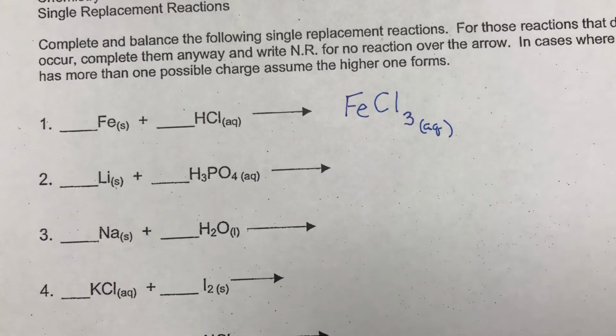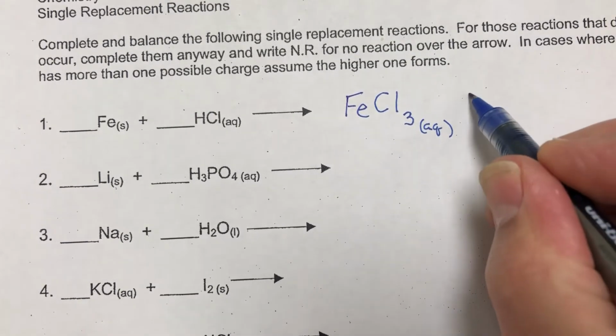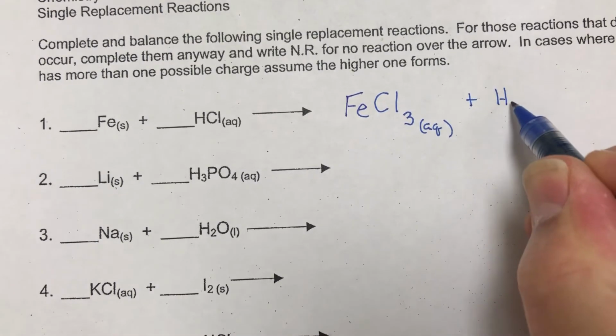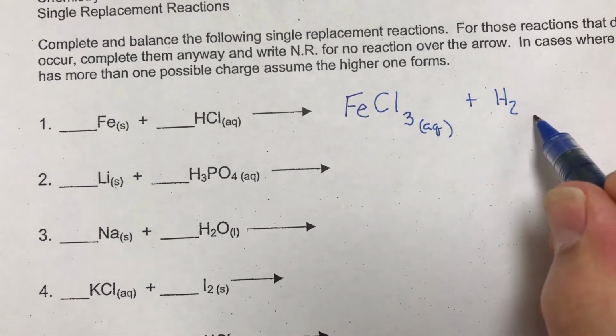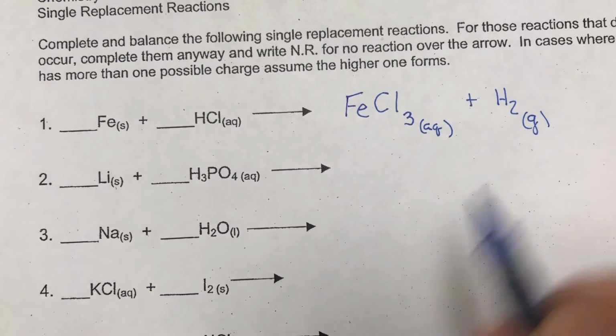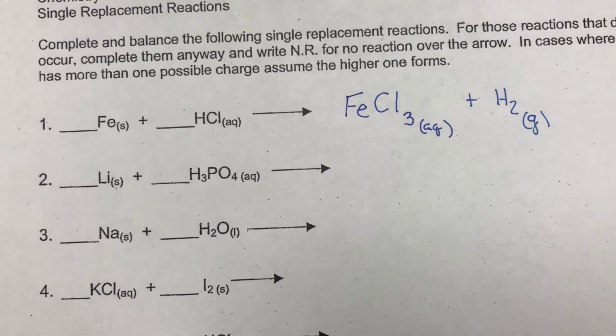And the element that got replaced here is hydrogen. And hopefully we know that all 7 diatomic elements, hydrogen is one of them. Hydrogen is H2 as an element, and its standard state would be in the gaseous form. All right? And then we have to balance it.